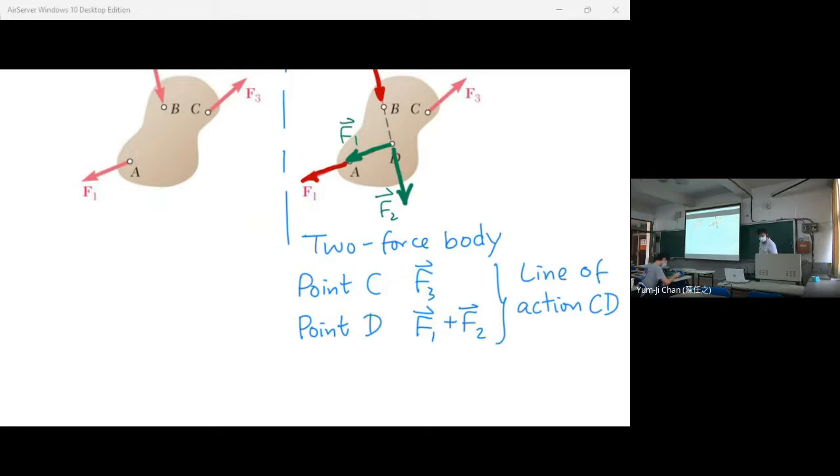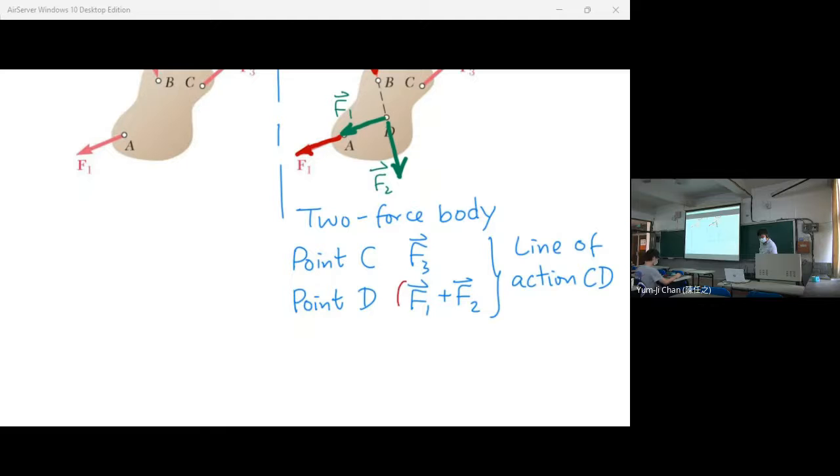Up to now, we have just said that F1 has the line of action AD, F2 has the line of action BD, and we did not talk about F3.